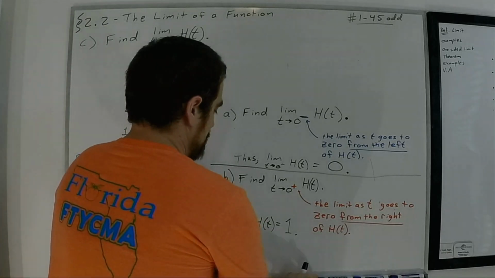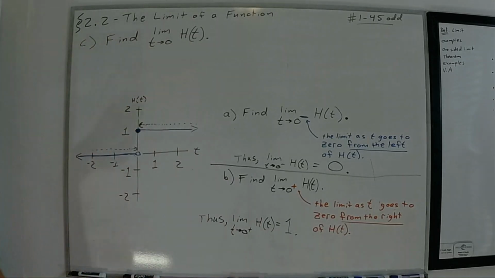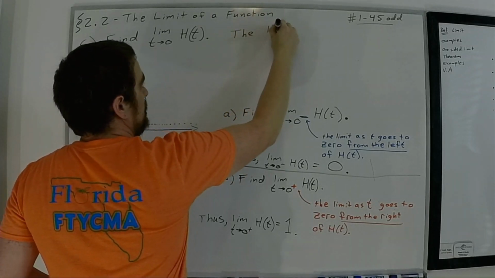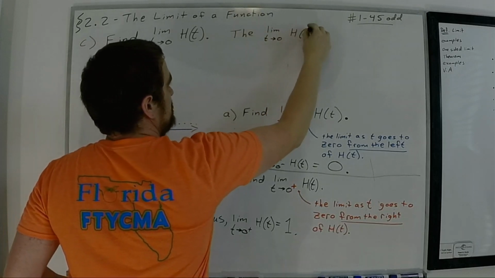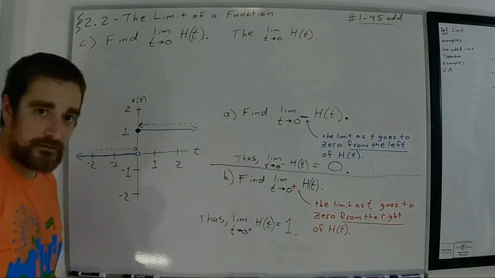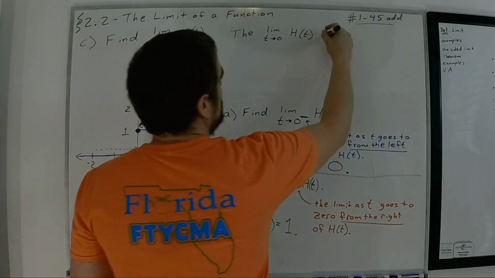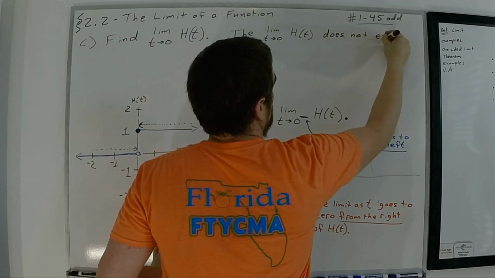But what happens if we look for the limit as t goes to 0 of h of t? In this case, the limit as t goes to 0 of h of t, you might have a guess already. Maybe you already guessed. Does not exist.